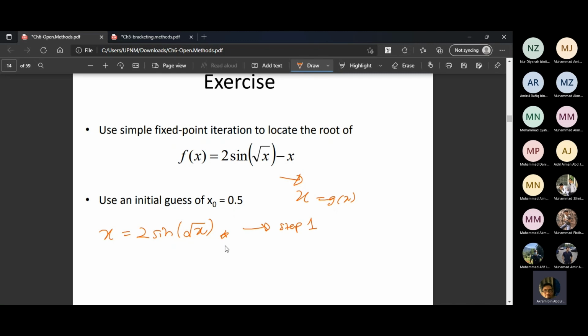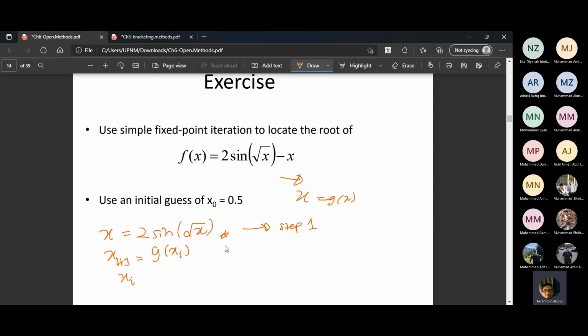Next, the next step is to rewrite in terms of the function of fixed point iteration. So x sub i plus 1 is equal to g of xi. So we know this is our g(x).